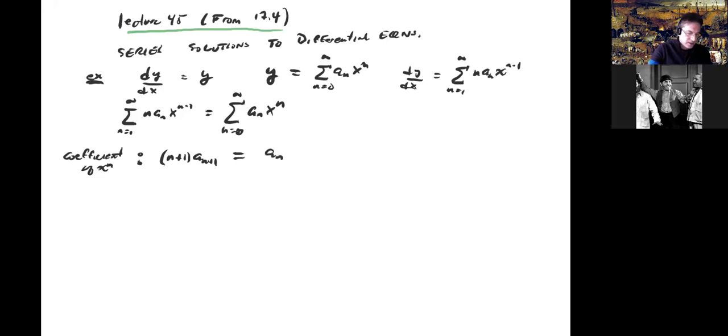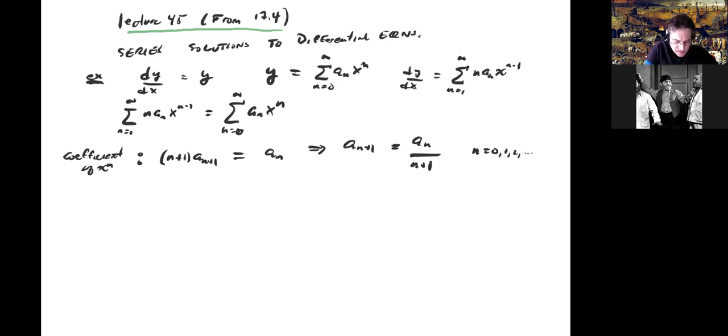So we get an equation involving a_(n+1) and a_n, and I want to solve for a_(n+1). So a_(n+1) is a_n over n+1. And this works for n equals 0, 1, 2, etc.